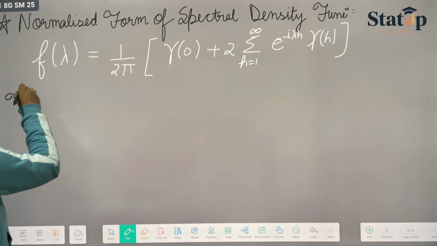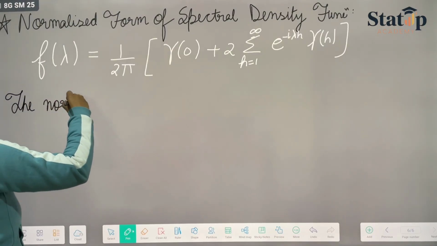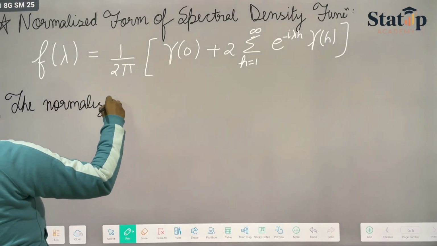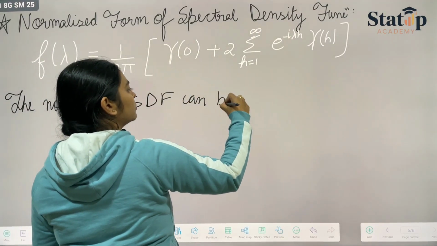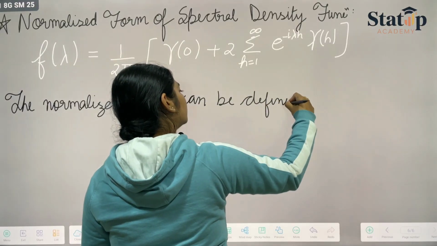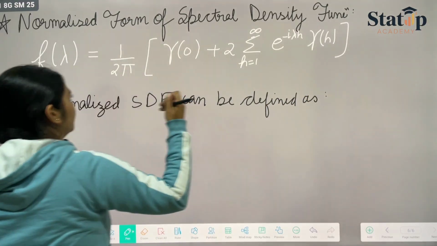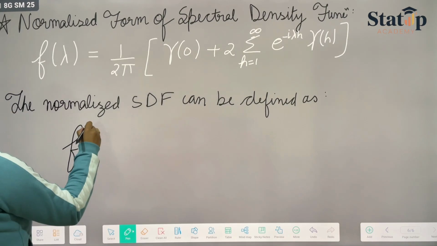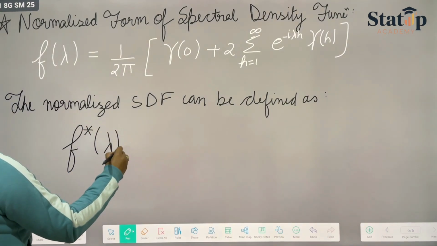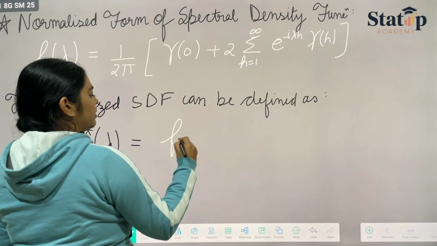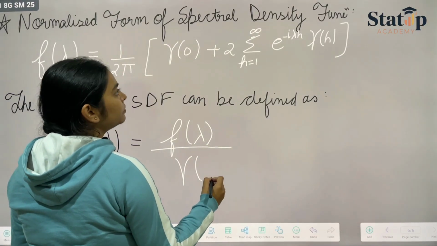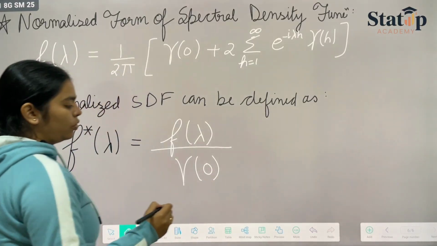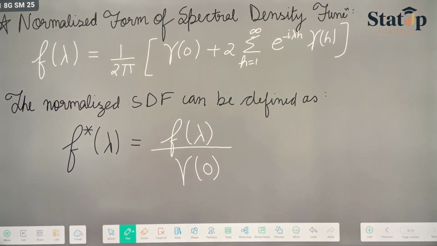So this is how we define our spectral density function. The normalized spectral density function can be defined as, it is just simple, we have to just divide. If the normalized spectral density function is f star lambda, then it can be defined as if we divide the spectral density function with autocovariance function of lag order 0, or variance, so anything you can say.